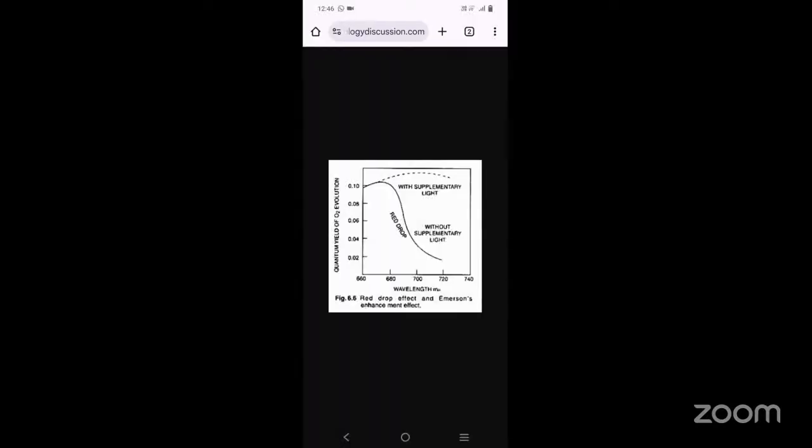Okay, this one is the Emerson effect curve.